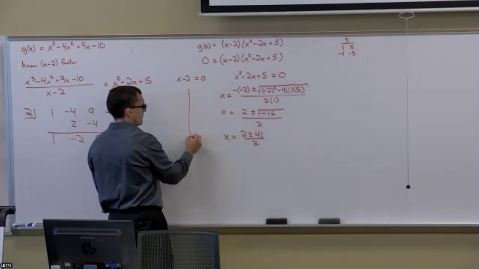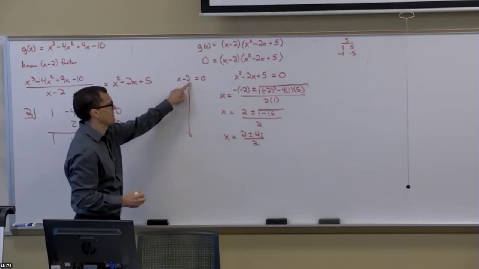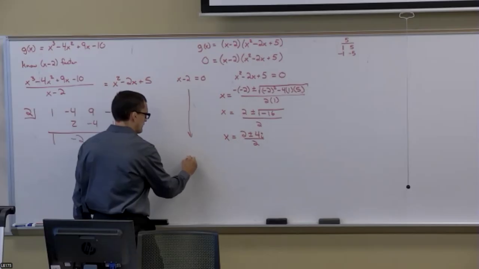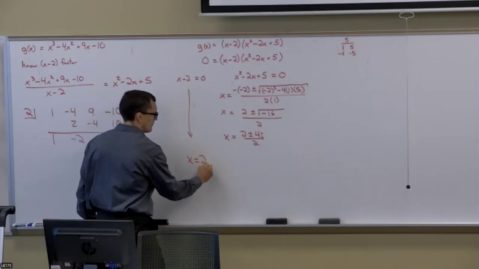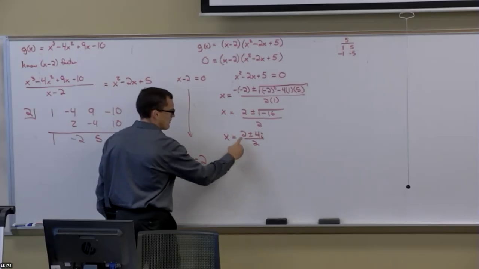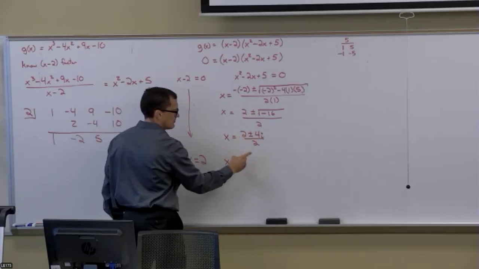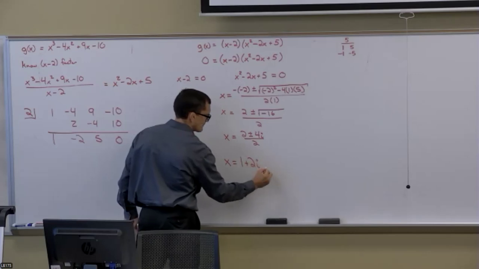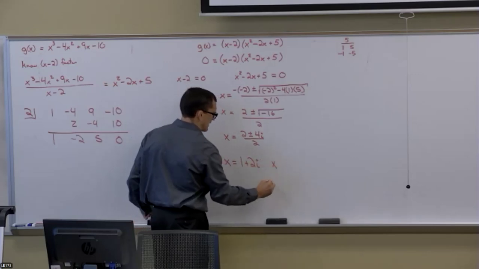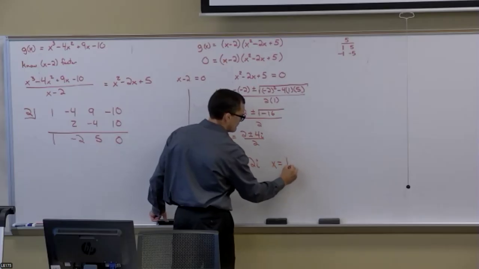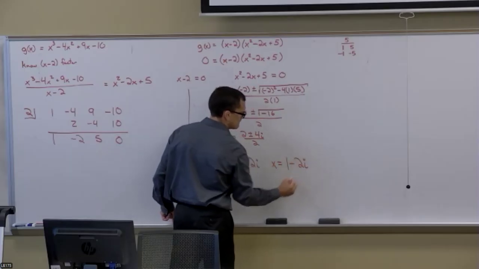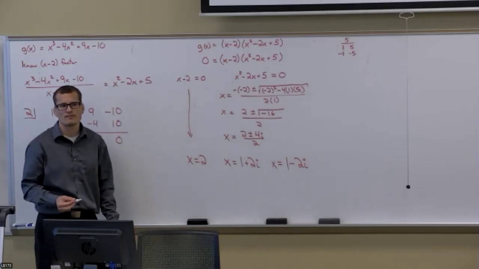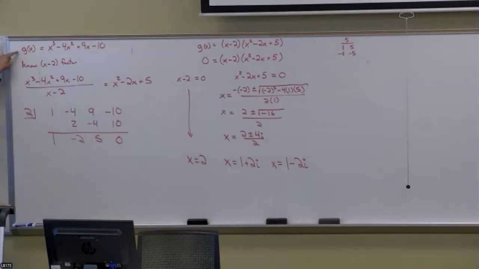So this original linear piece set equal to 0, don't forget about that. That still comes down. I get 0 at x equals 2. And then my other zeros, one of them is going to be 1 plus 2i. And the other is going to be the complex conjugate of that, 1 minus 2i. So those are my 3 zeros for this polynomial function.